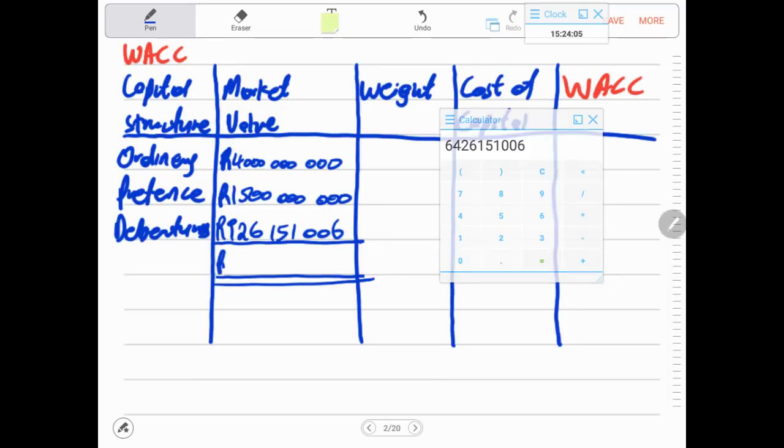Then I get 64 billion 261,000 or 261 million.